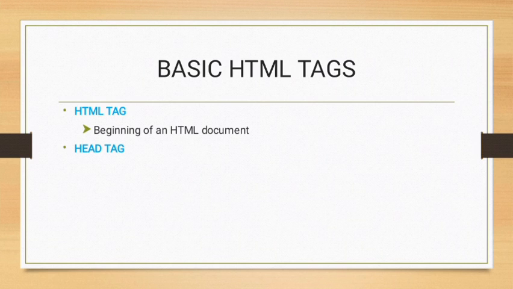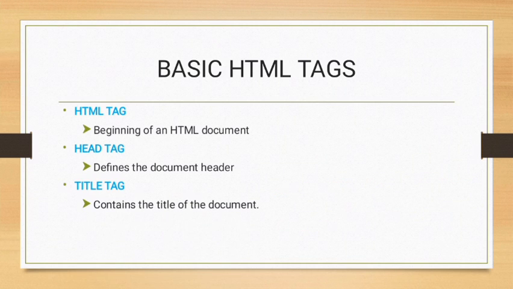Second one, head tag. It defines the document header. Then title tag, as the name suggests, it contains the title of the document. In the title bar, whatever name you want to display, you can give within this title tag.